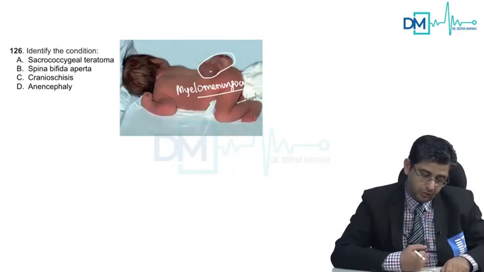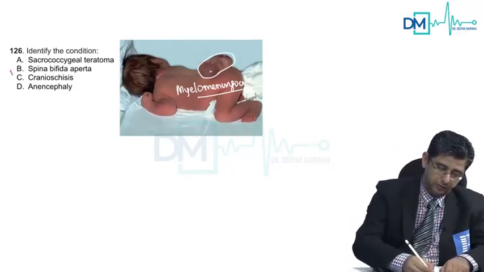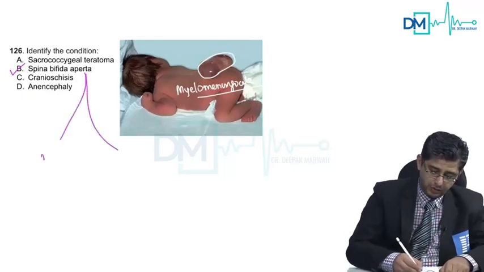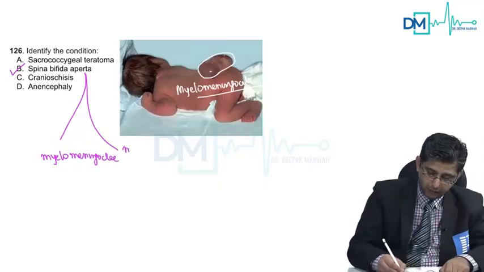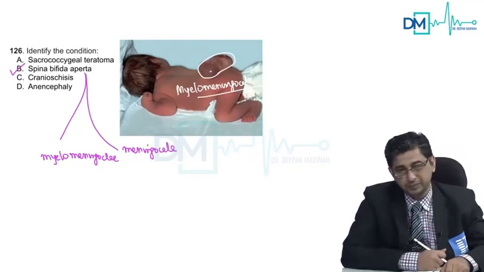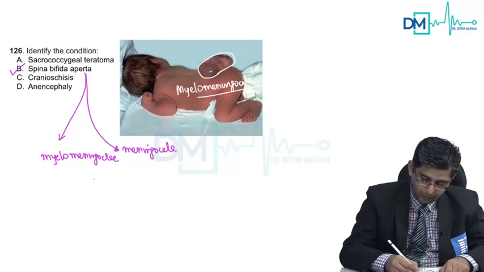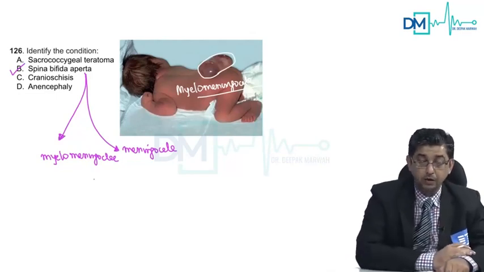There is no mention of myelomeningocele in the MCQ, so on careful reading you will call this spina bifida aperta. Spina bifida aperta is a term which encompasses two things, that is myelomeningocele and second would be meningocele. These are two features which are to be remembered for spina bifida aperta.